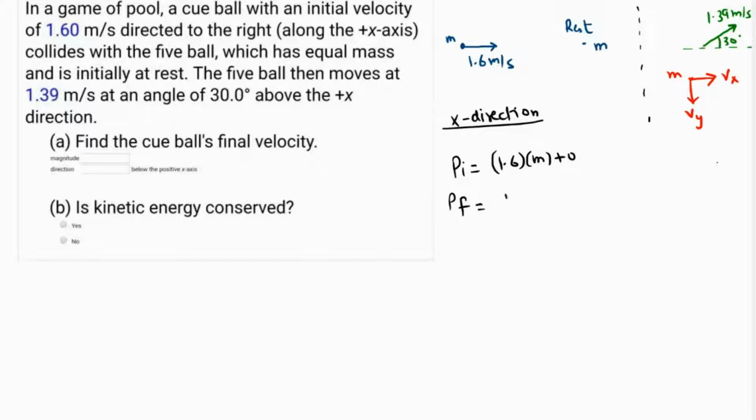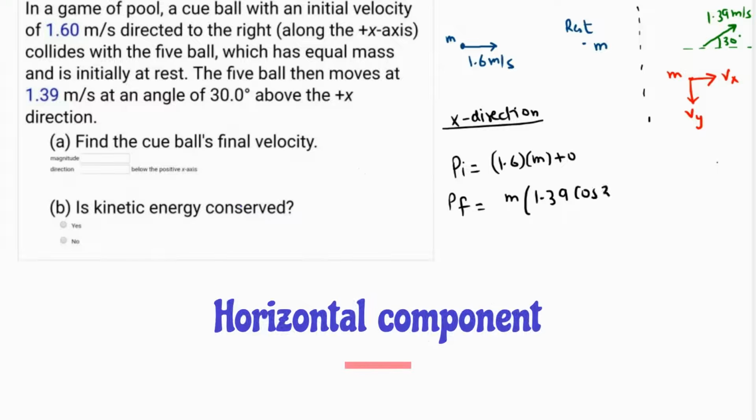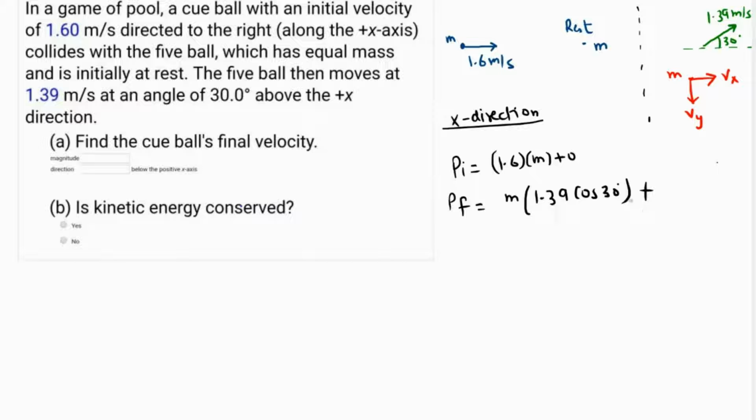For the 5 ball, that is m times 1.39 cosine of 30 degree, and likewise for the cue ball, that's m times vx. The initial and final momentum should be equal. This implies that 1.6 m equals 1.39 cos 30 degree times m plus vx times m.